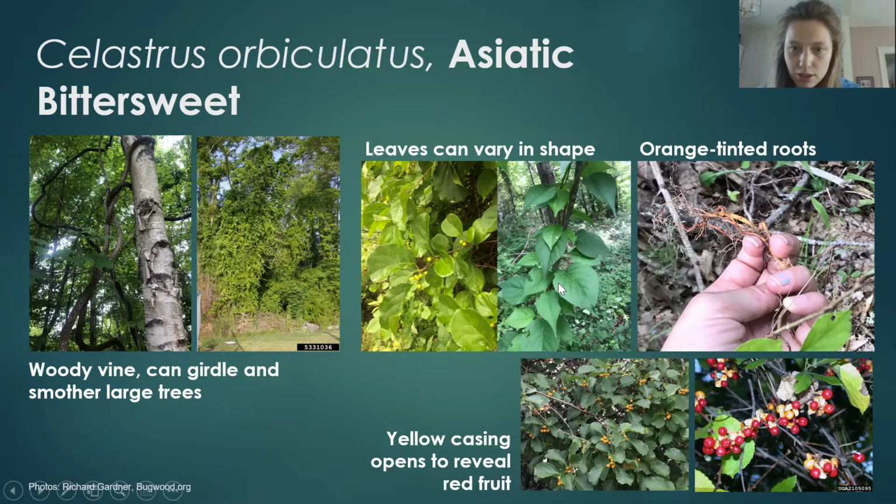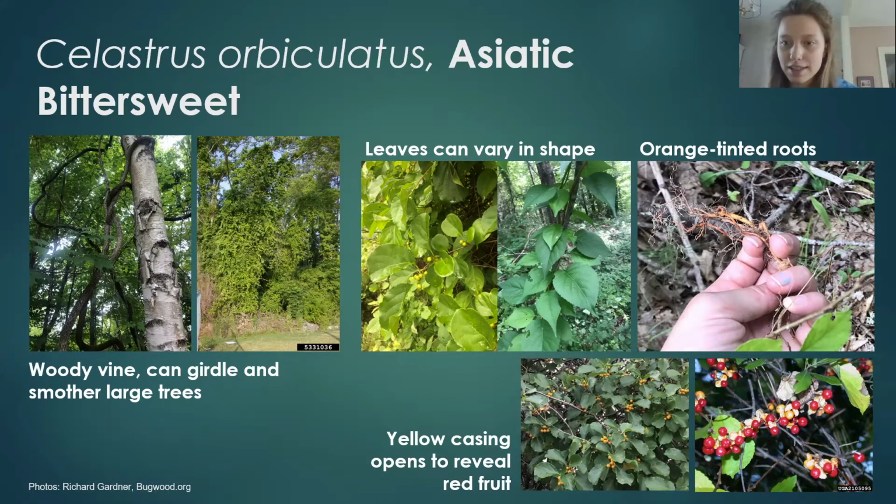But I think you can focus on the leaf margins being a little bit wavy, and these leaves are about 2 to 4 inches long. So the size and this leaf margin, and that they're arranged alternate, not opposite, on the stems or on the vine.